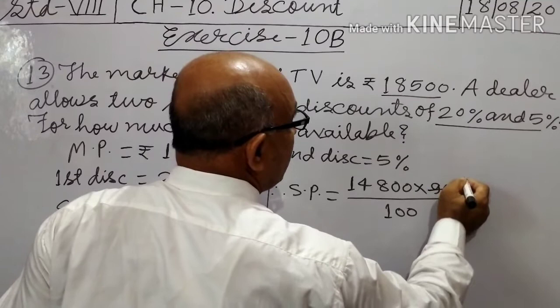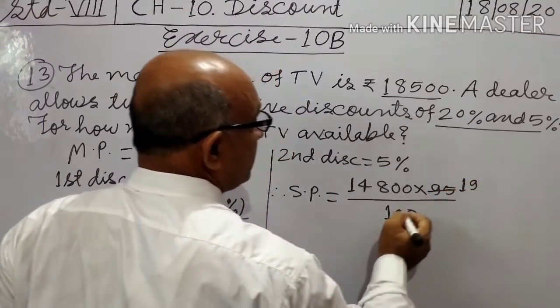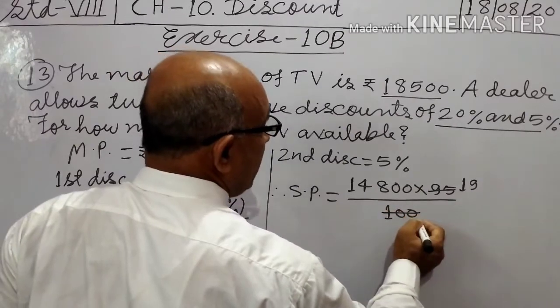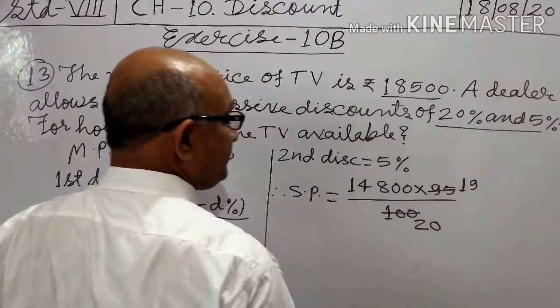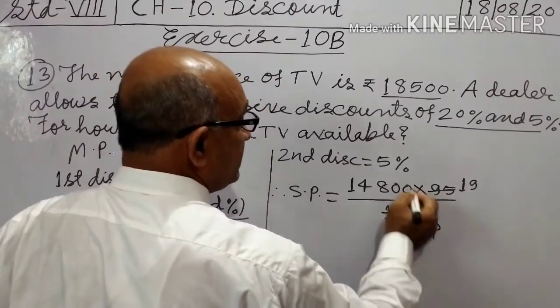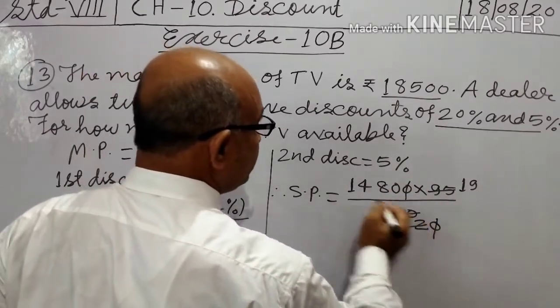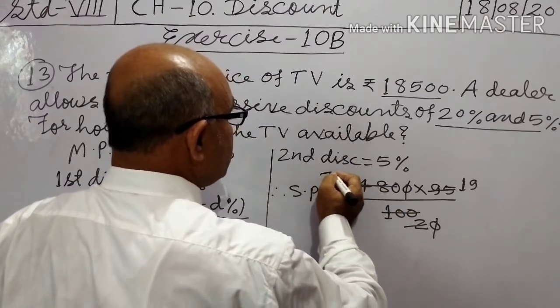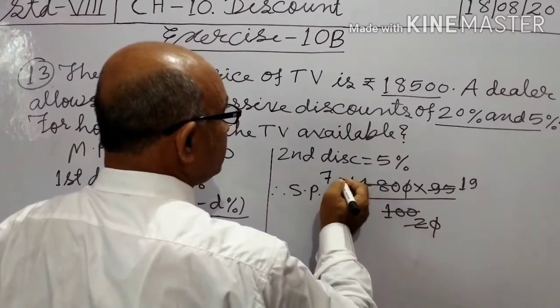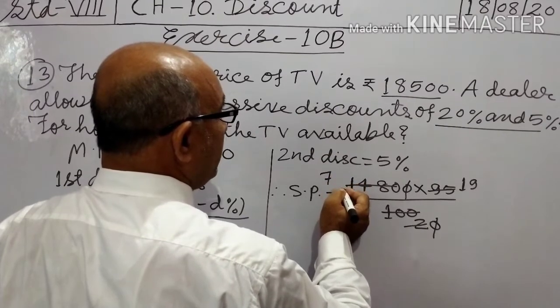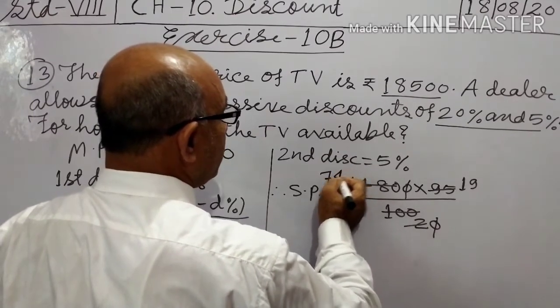Divide. 19 fives are 95 and 25 fours are 100. 0 and 0 cancel. Now 2 times 7, 740.